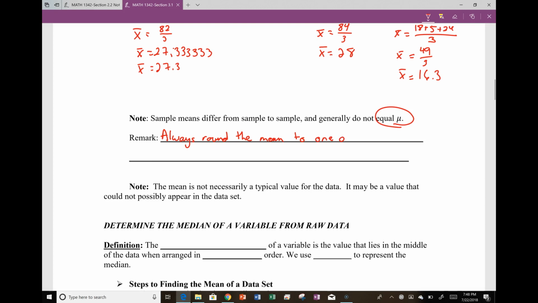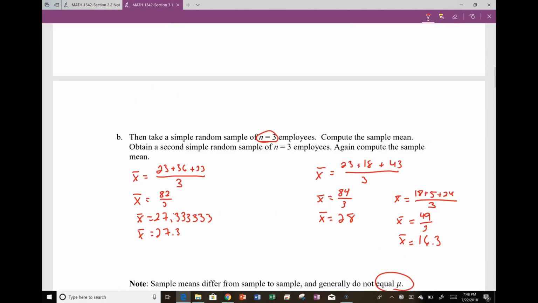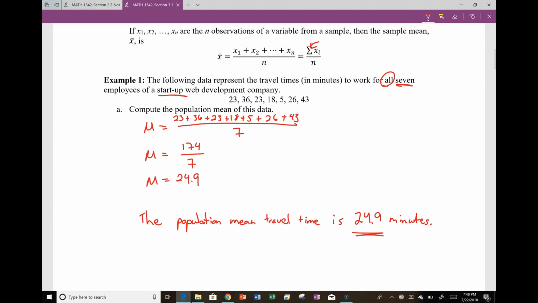Hold on a moment because I'm not finished. 1 decimal place more than the raw data. If we look back at our data, these values right here are what we consider raw data. Those are just the values that we collected.